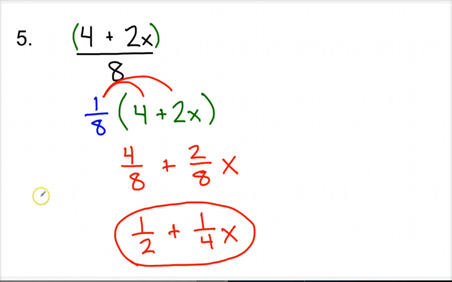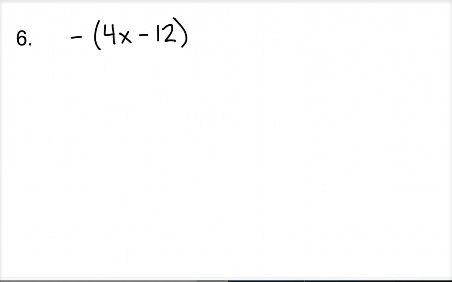Okay, and then in the last example for this section, you've got the negative of the quantity 4x minus 12. Well, what this negative sign outside of the parentheses really means is multiply the quantity 4x minus 12 by negative 1. So we're going to distribute negative 1 to our 4x.